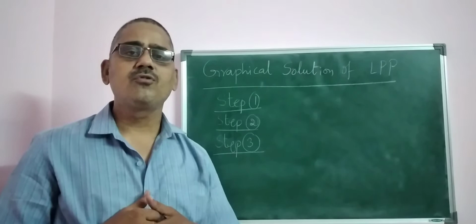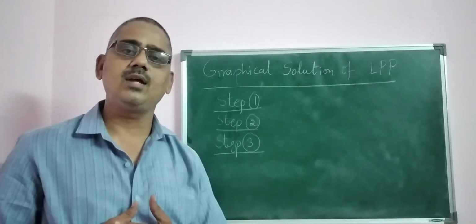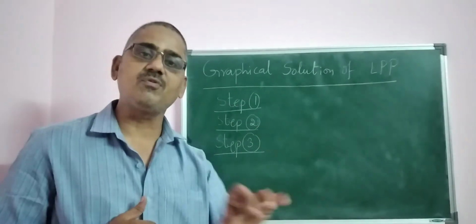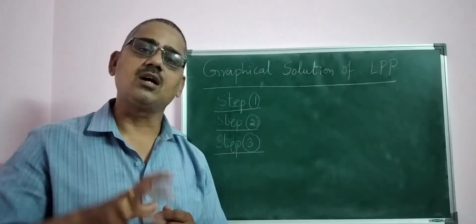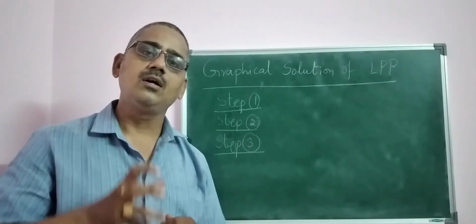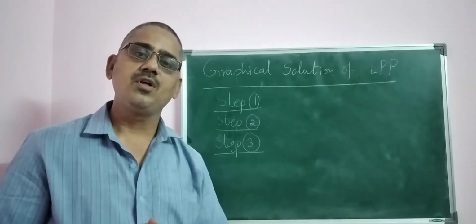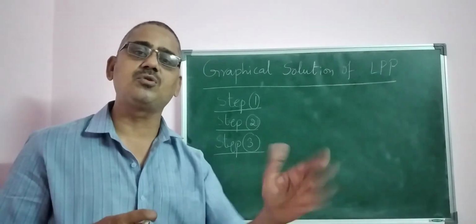Similarly, if the constraint is greater than or equal to, then shade the region above the line in the first quadrant. Always shade the region corresponding to that particular inequation in the first quadrant only, because x1, x2 are greater than or equal to 0.